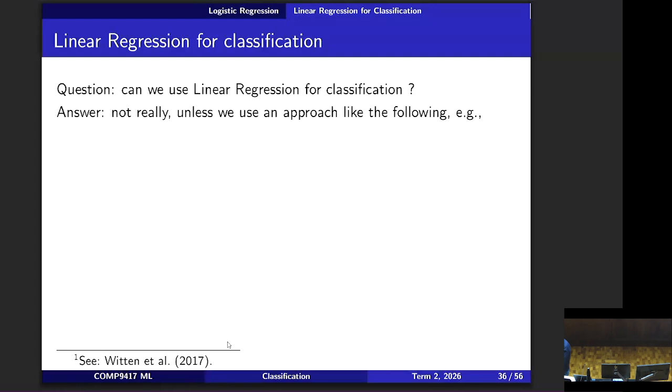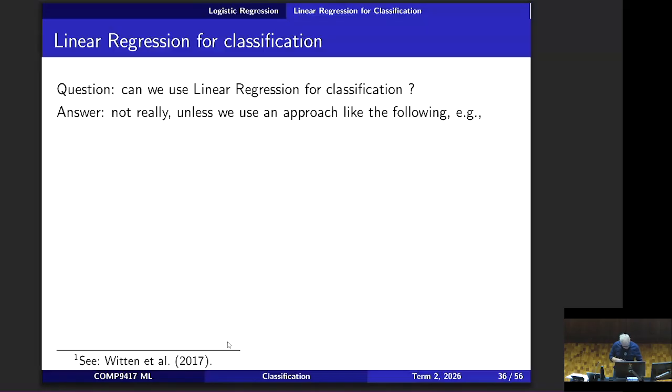So why can't we use all the stuff you just told us about linear regression and use it to do linear classification? So the answer is yes and no. And what I mean by that is that there are approaches that do that, but they're not quite as straightforward as you might think.